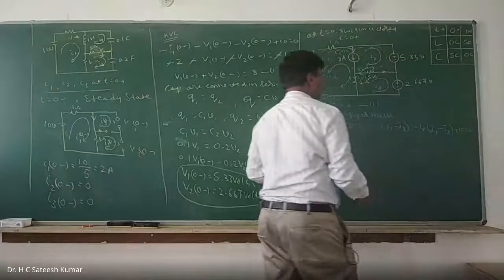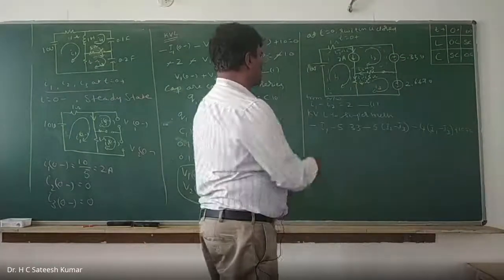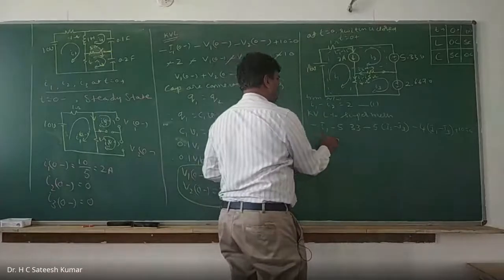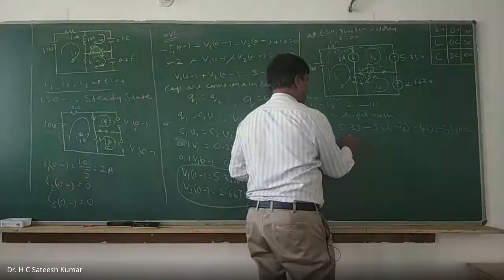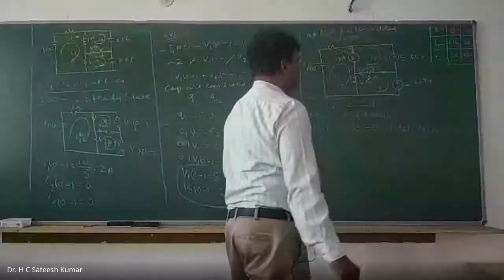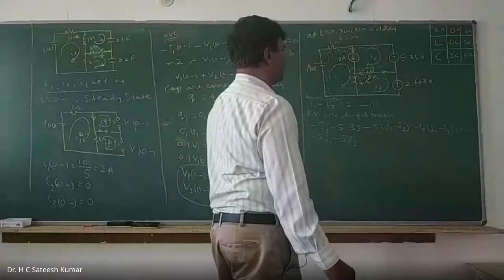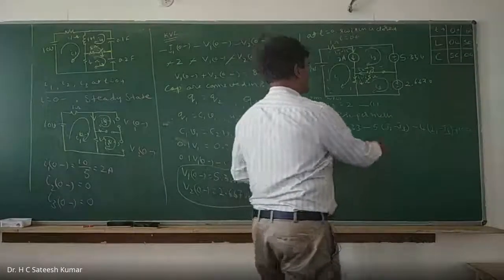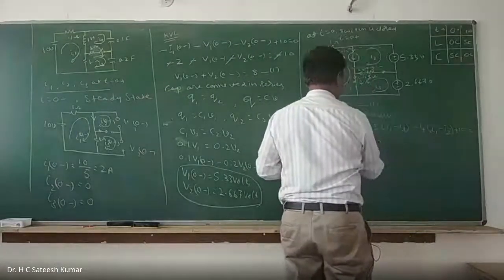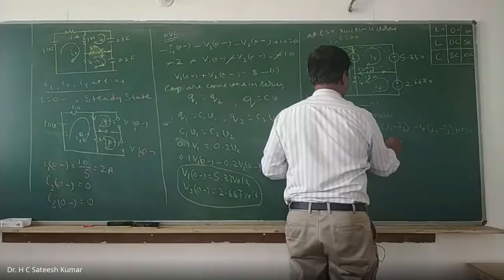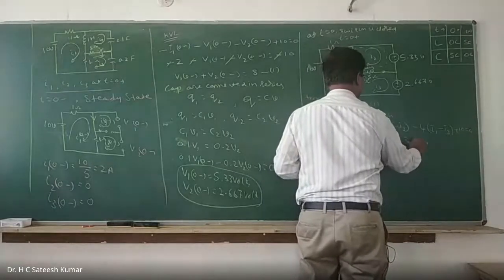Now what do we get? Minus 4I1 minus I1 minus 5I2 plus 5I3 plus 4I3, that is plus 9I3, is equal to 5.33.